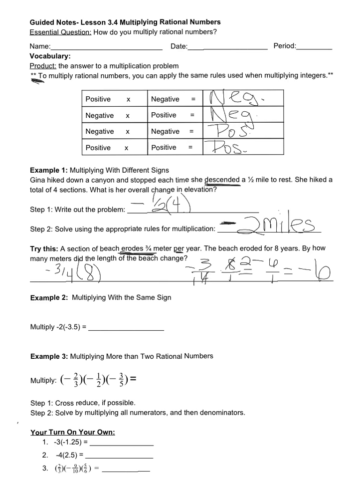Now for our second example, we're going to multiply with the same sign. So here we have -2 times -3.5. So again, going up to our table and reviewing our rules, a negative times a negative results in a positive. So we know that our answer is positive. And now I'm just going to write out my work. And here I'm multiplying with decimals.